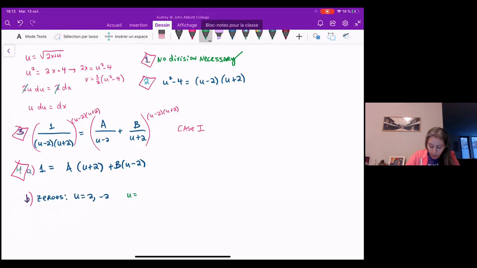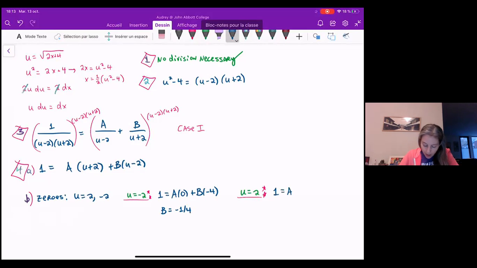So we'll start by plugging in negative 2. And I get that 1 is equal to a times 0 plus b times -4. So b is equal to -1/4, and u is equal to +2. I get 1 is equal to a times 4 plus b times 0, and a is equal to 1/4.